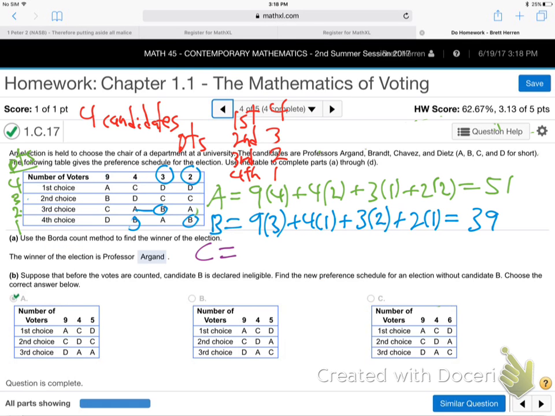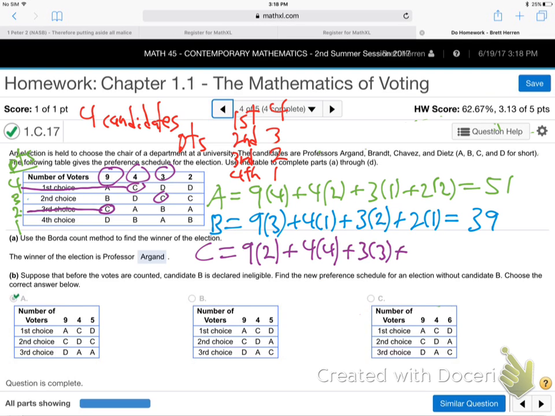This is a little more tedious than the last method for sure. 9 people put C third. 9 times 2. 4 people put C right here, 4 times 4. 3 people put C here at 3 times 3. 2 people put C there. 18, 16, what is that? 34, 44, 43, and 60.